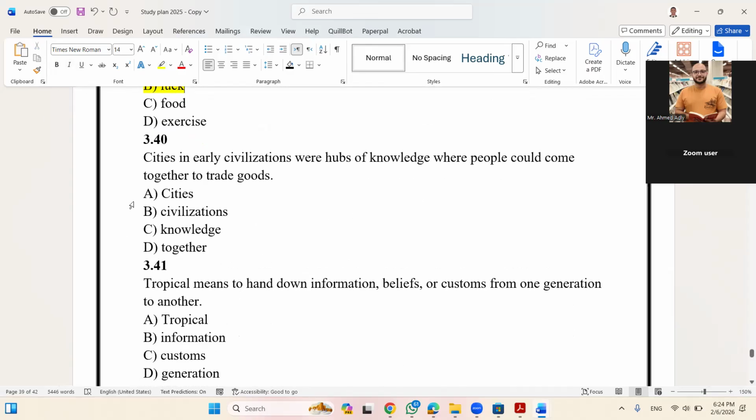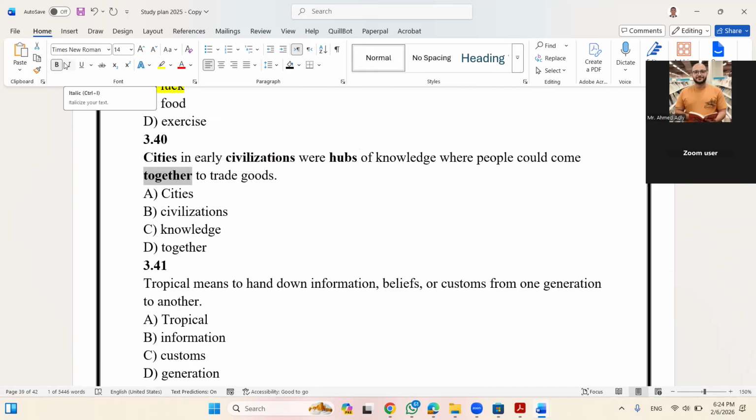Next. Cities in early civilizations were hubs of knowledge where people could come together to trade goods. Cities in early civilizations were hubs of knowledge.